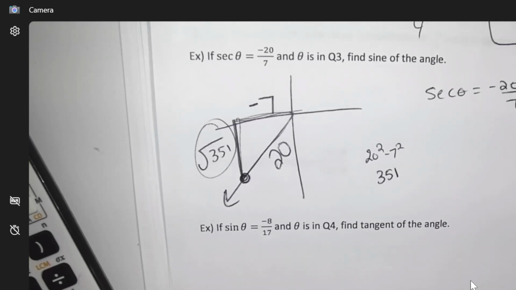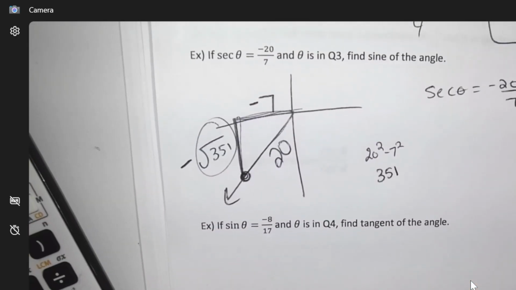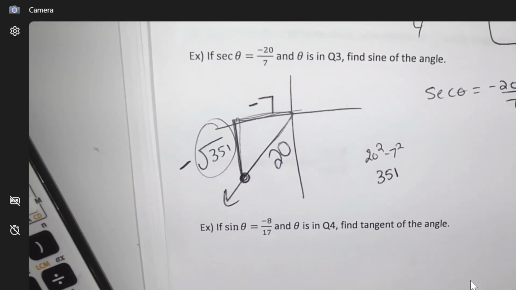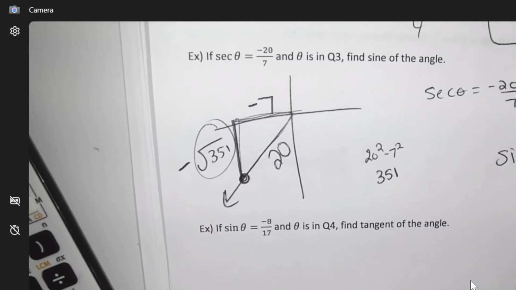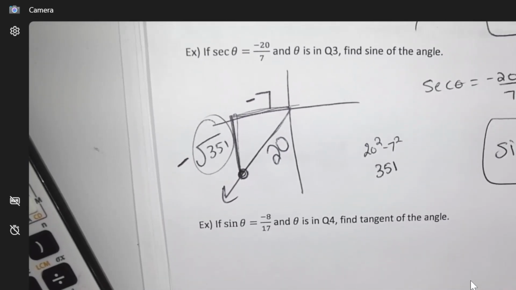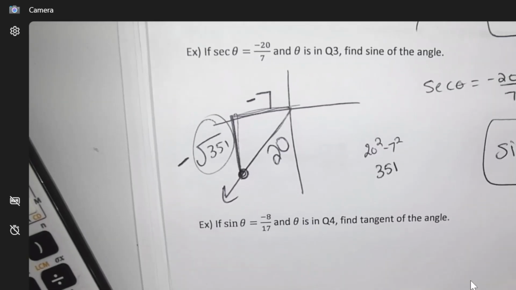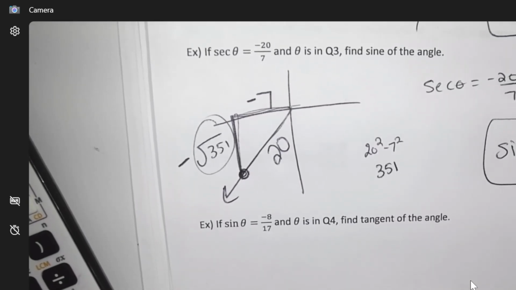And this is a y value, so tell me what kind of y value is this going to be because it's location-wise. Is it a plus or a minus y? It's a minus because it's down. It's a y value down. Okay, so here's my answer. I want the sine of this angle. So it's going to be what over what letters?